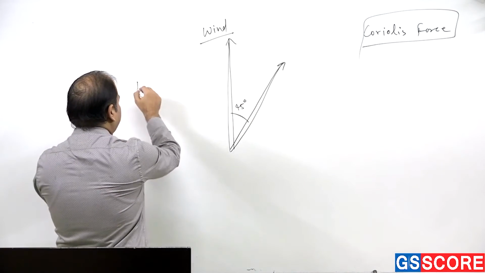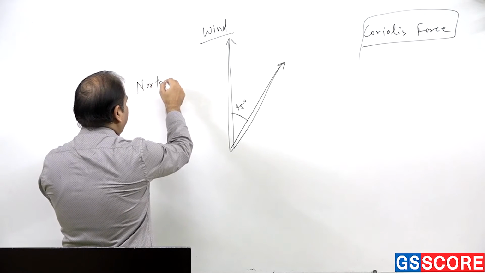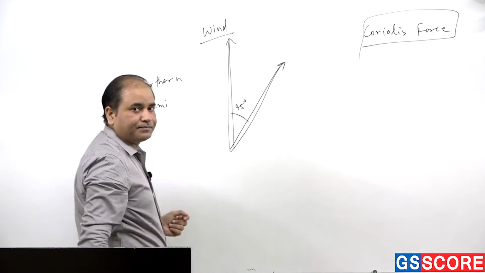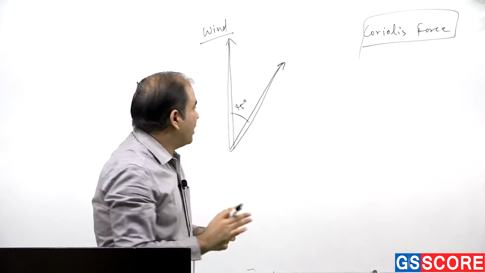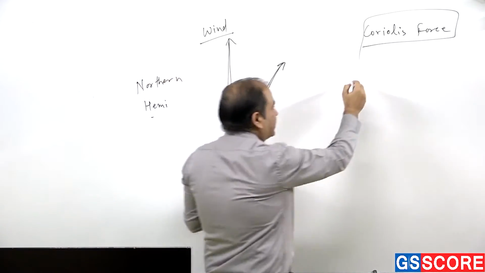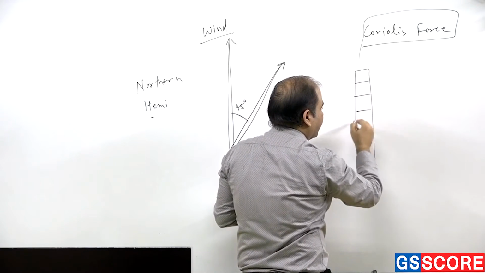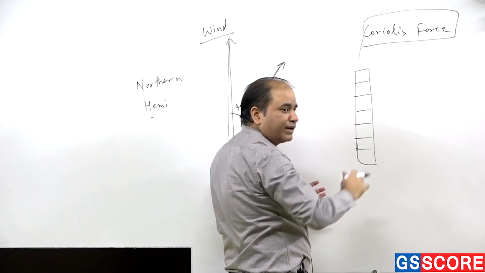We are considering the northern hemisphere, so there will be a deflection rightward. Now just try to visualize layer upon layer of water. Water is in different layers.